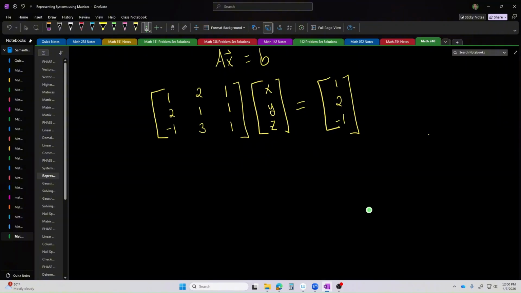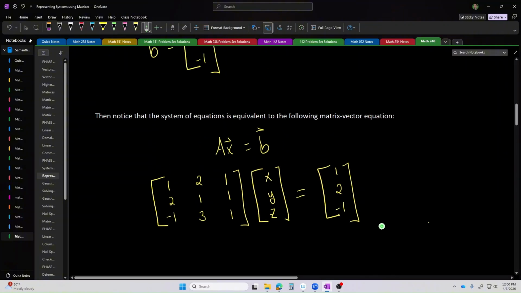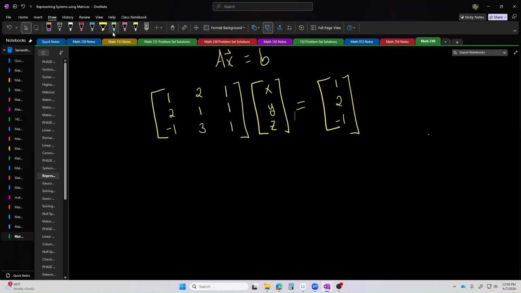So using the dot product process, if I do on the left-hand side first row times this vector, then I would have 1 times x, I would have 2 times y, I would have 1 times z all added together. That would be the first entry in the result of this matrix product on the left.